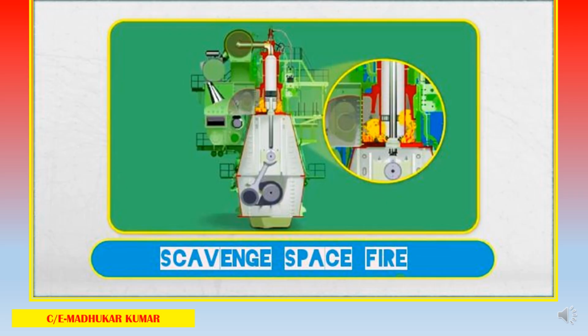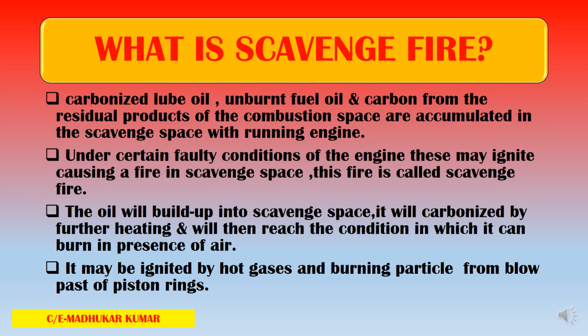Okay, so coming to the next slide, what is scavenge fire? When we talk about scavenge fire, we have to have a correct idea of the scavenge space, especially in large slow speed diesel engines. There you have the scavenge space where the air is supplied to the engine, and if carbonized lube oil, unburned fuel oil, or carbon from the residual products of the combustion space accumulate, then in this scavenge space the scavenge fire will happen.